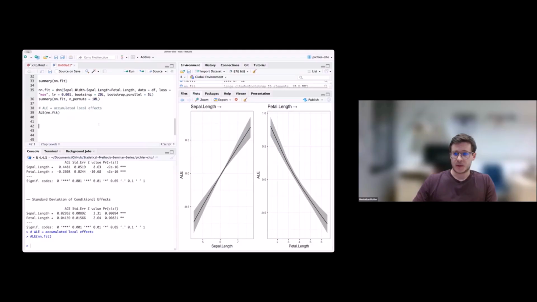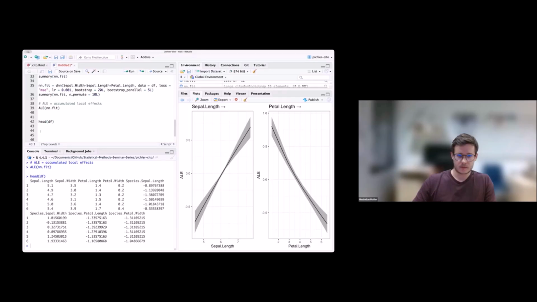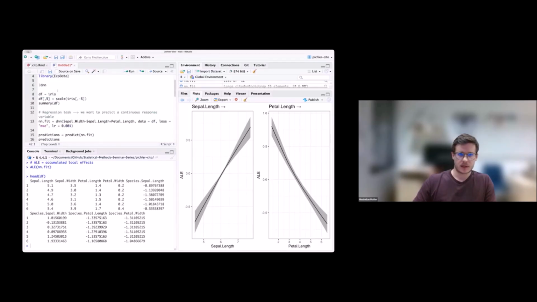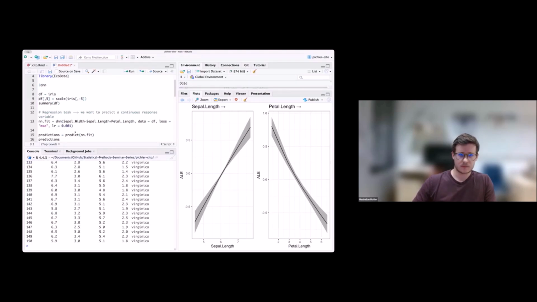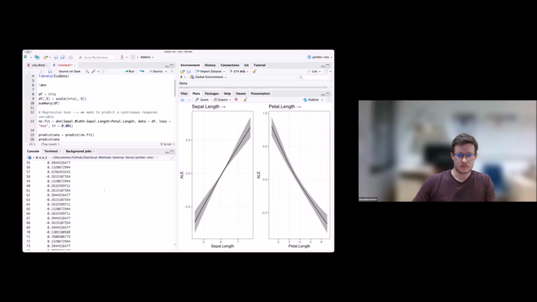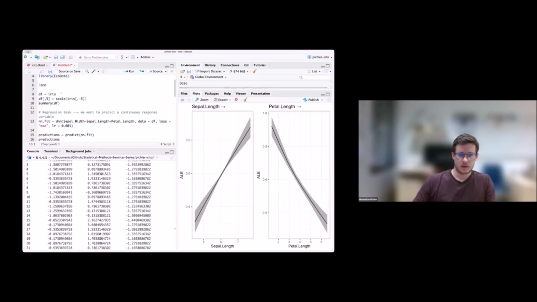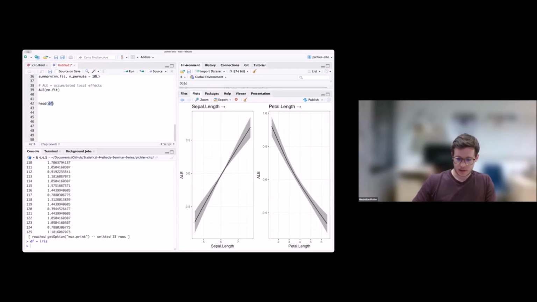Okay, so maybe another example for a different loss function. The classical analysis of this iris data set is that we want to predict the species. Something went wrong with this data set here, so let's just use the original data set.